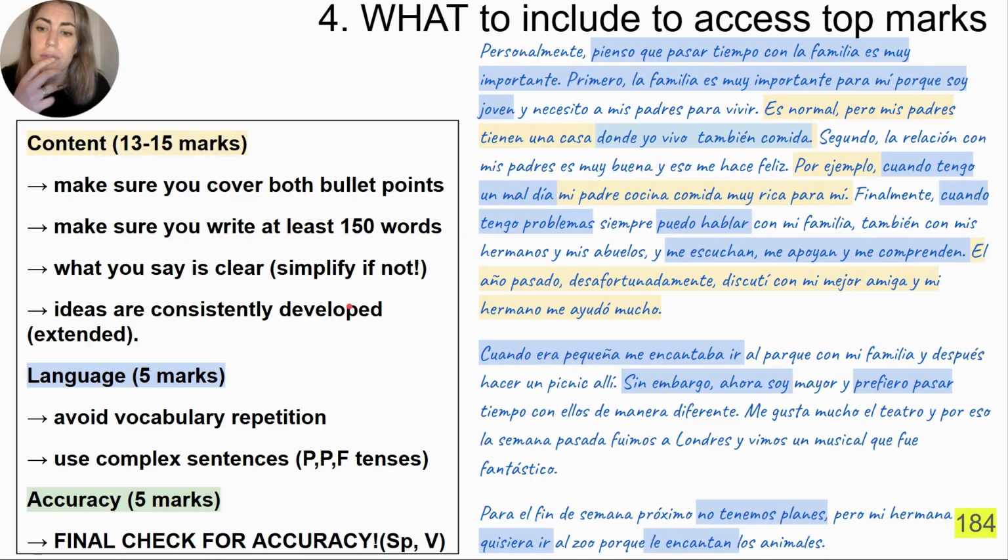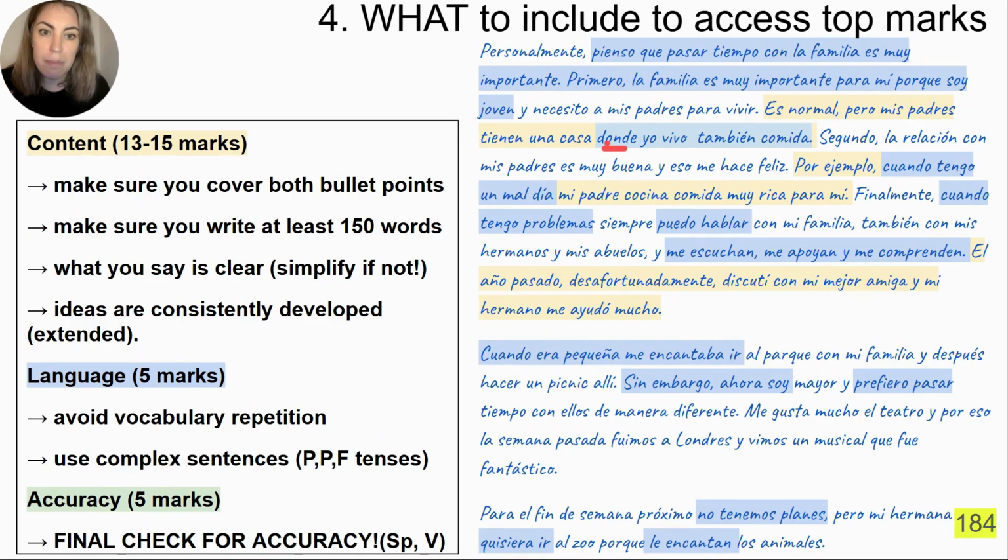The other bits of complexity here come from putting the past tense and then alongside the present tense, like this. Cuando era pequeña me encantaba ir, sin embargo ahora soy, prefiero, so past tense, and also the future, that's that contrast. We have linking words like donde here to put two sentences together.